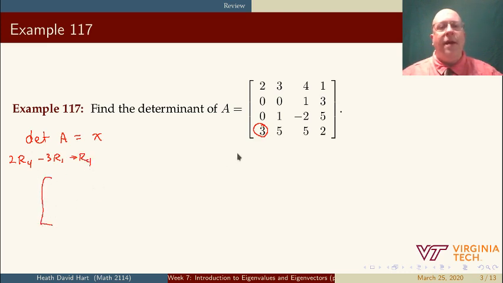When I do that, 6 minus 6 will be 0. 10 minus 9 will be 1. 10 minus 12 will be minus 2. And 4 minus 3 will be 1.